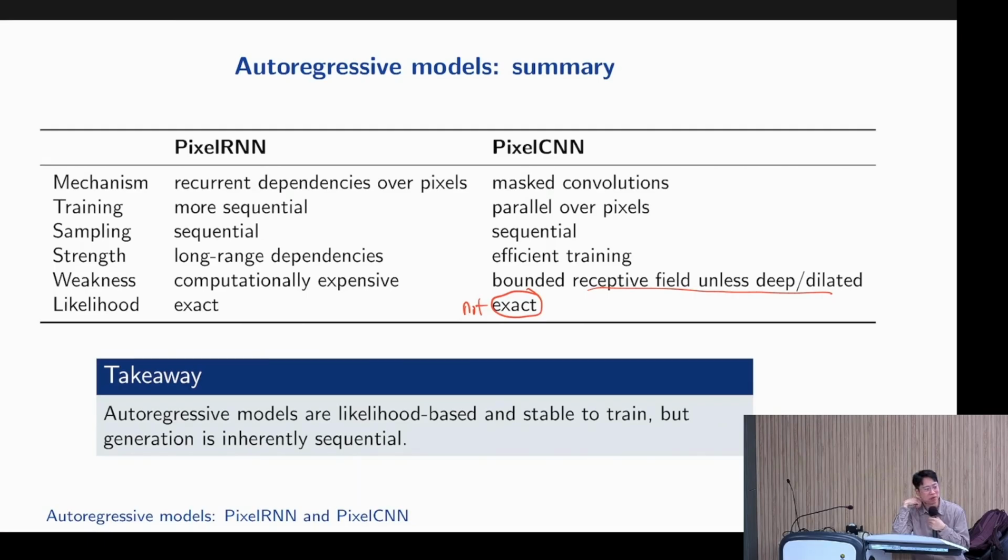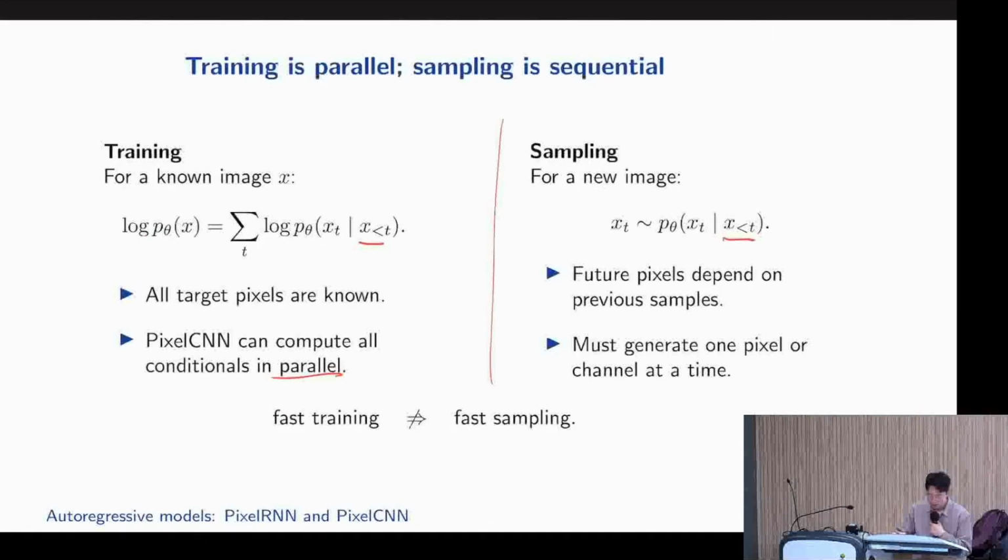I don't know if you still remember in LLMs. If you stack the CNN layers very, very deep, you can propagate the field of view to the later layers, right? So you can have more effective, larger field of view for the later layers. So if you stack it really, really deep, yes, you can be exact, but still, mathematically, this is not exact equality here because we're gonna clip how many past pixels you can see.